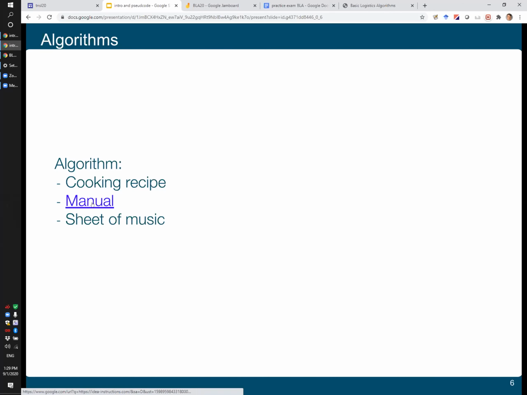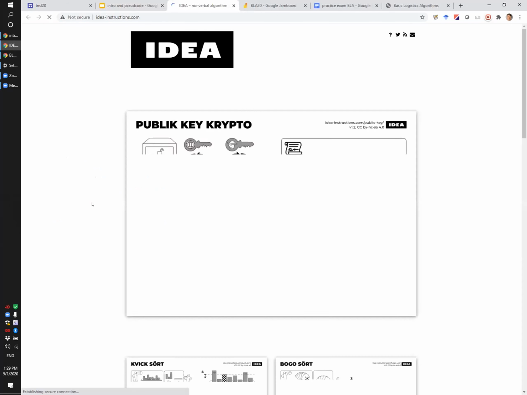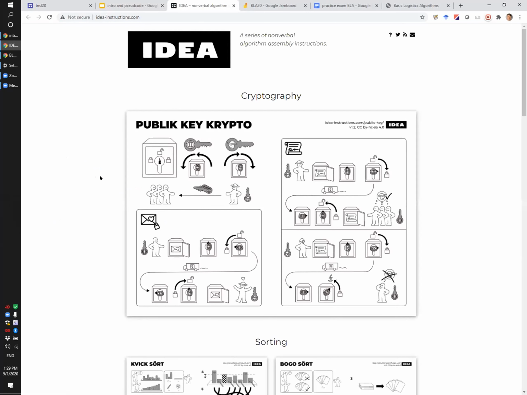And here is one website which really puts this idea of manuals into the algorithmic context. This is just for fun, but you can probably guess that this website, done by our colleagues in Germany, is kind of mimicking one of the Swedish giants and its instructions for assembling furniture.